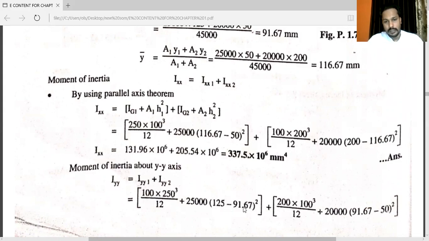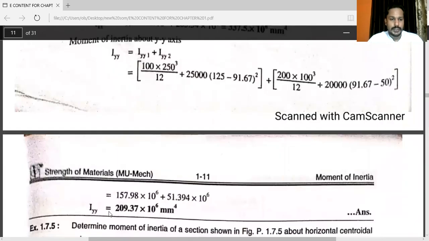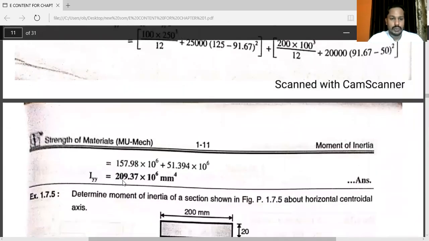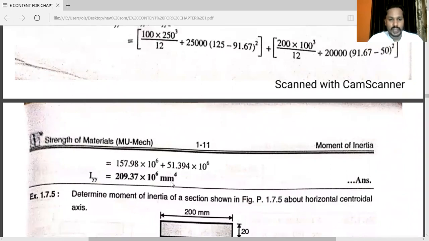So x1 minus x bar, here x2 minus x bar. But already I told you, take larger value first. So 91.67 minus 50. It is very clear now how to take the value of h1 and h2. So the final answer will be Iyy is equal to 209.37 into 10 raised to 6 mm raised to 4.